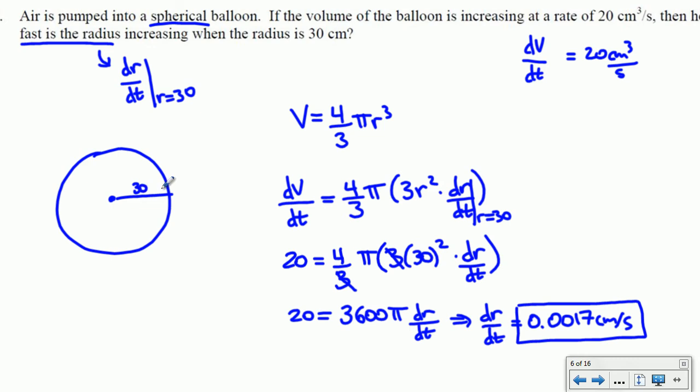It's maybe about shoulder width for most of you. So when the radius is 30 and we're filling it with this much volume per second, if you were to track just a spot along the balloon, that's how quickly it's expanding, just along that line. So that's number 5 done.